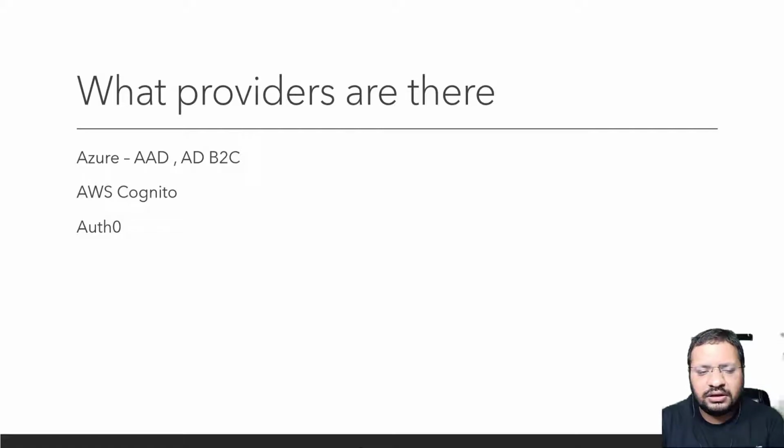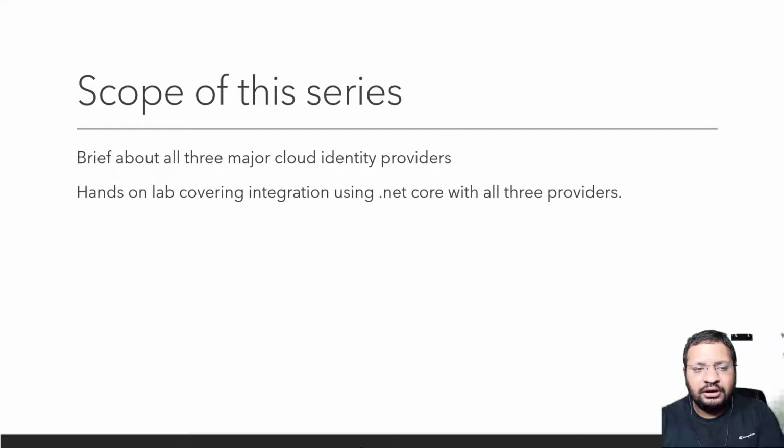Then we will discuss AWS Cognito, which is also a very good service provided by AWS. And lastly, we shall discuss Auth0. This is the flow that we will try to cover within the application.